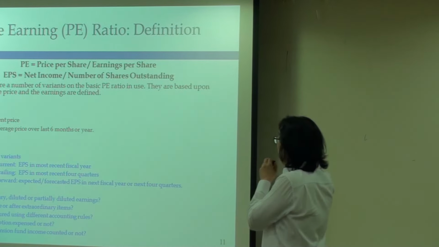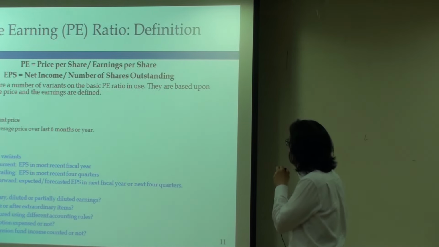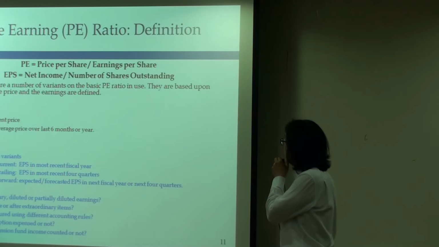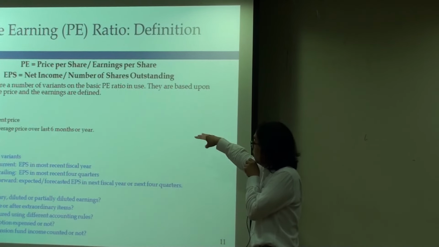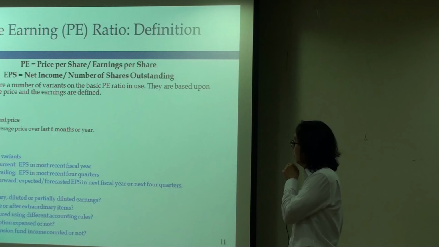There are a number of variants in PE ratios. They are based upon how the price and the earnings are defined. The price could be either the current price or the average price over the past 6 months or a year, but typically the current price is just fine.